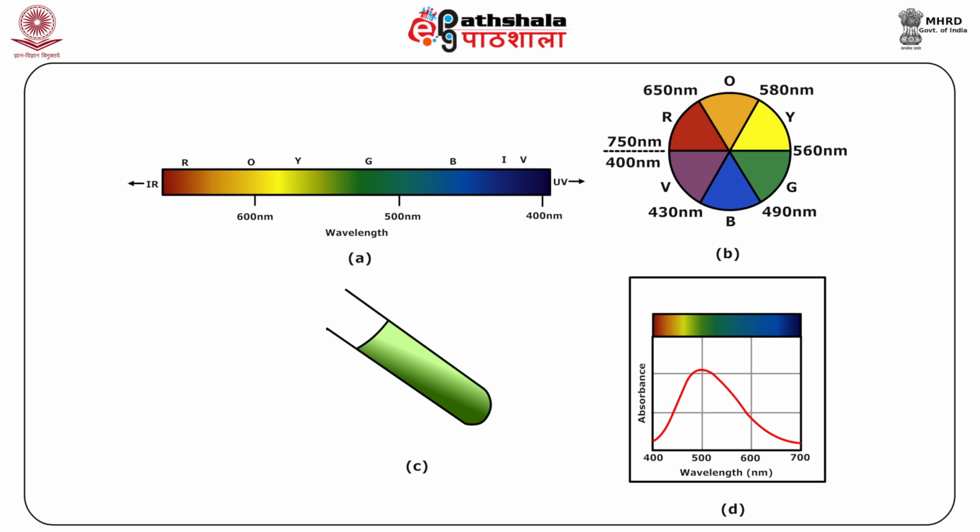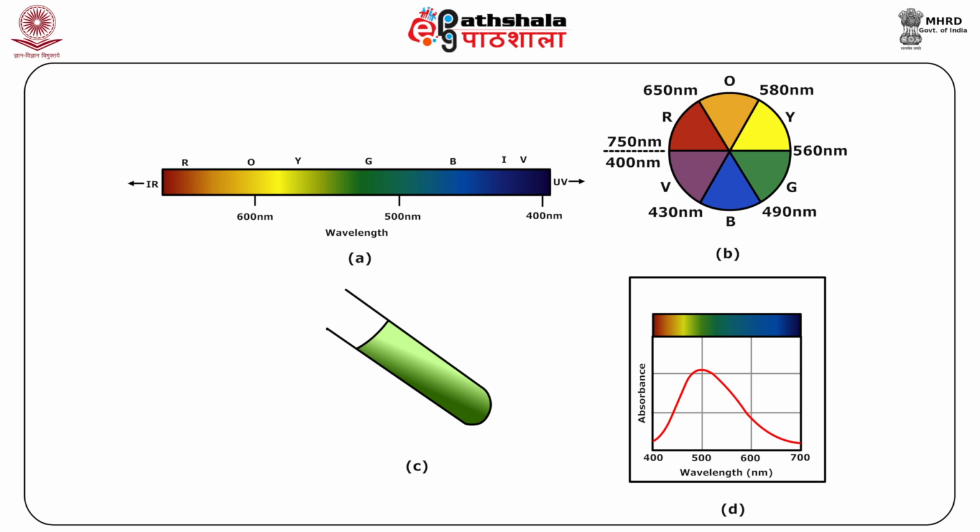Consider the titanium octahedral complex, which absorbs in green and yellow part of the spectrum and appears violet, which is the resultant complementary color.